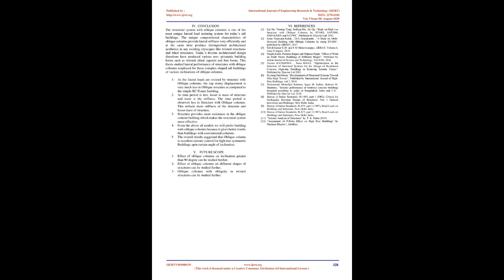For the rectangular plan shape of building, oblique columns of 84 degrees is the most efficient angle of inclination as it has 69% lesser maximum storey displacement than conventional columns. 4. Building with optimized oblique columns shows 67% lesser storey drift than normal columns. 5. Hence the oblique columns are more seismic resistant than conventional columns.